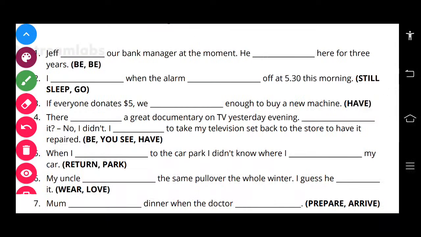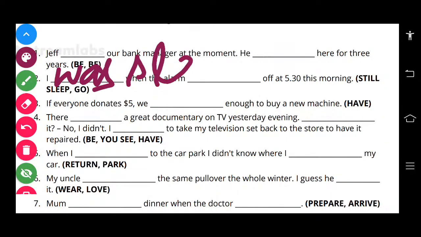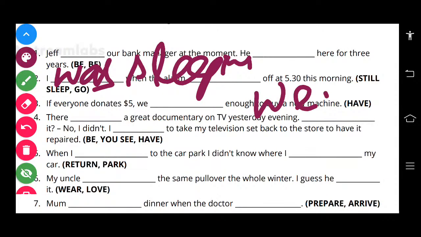So you have to say here, I was sleeping when the alarm went off at 5:30 this morning. So was sleeping and went are the correct answers for the second question.